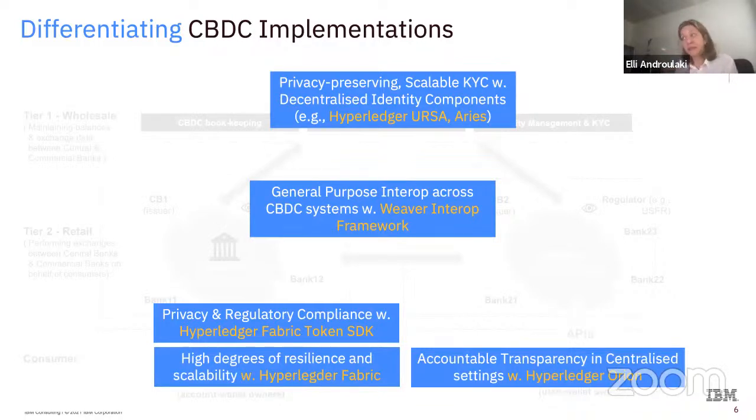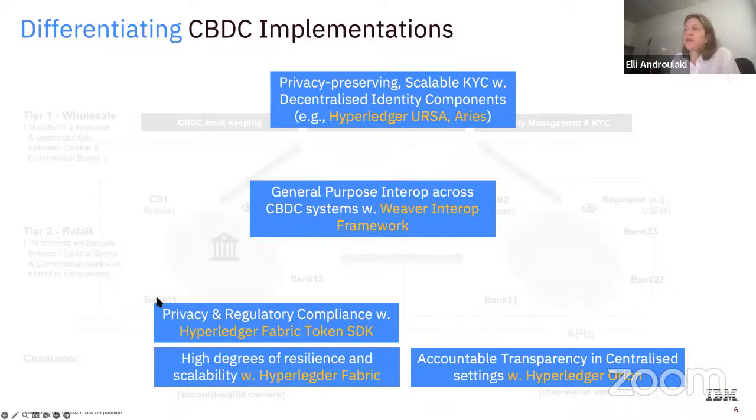We have Cacti, a Hyperledger project that is a general purpose, platform-agnostic interoperability mechanism, but also the Hyperledger Labs Weaver interoperability protocol that was recently merged into the Cacti project, or is to be merged.